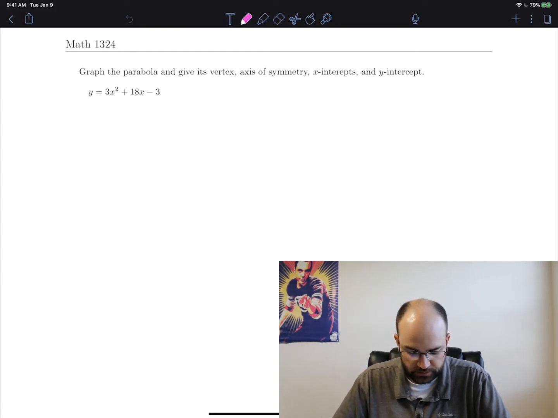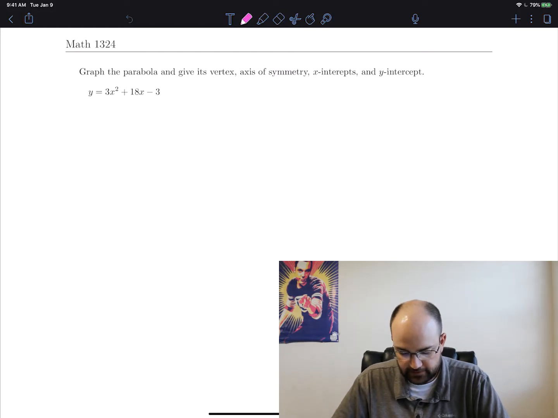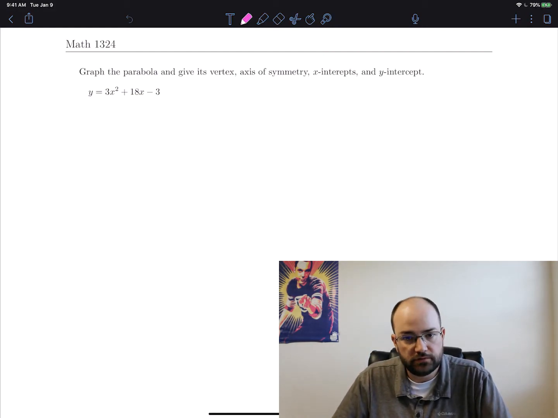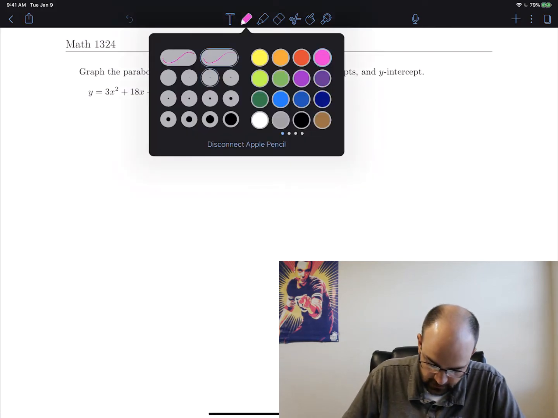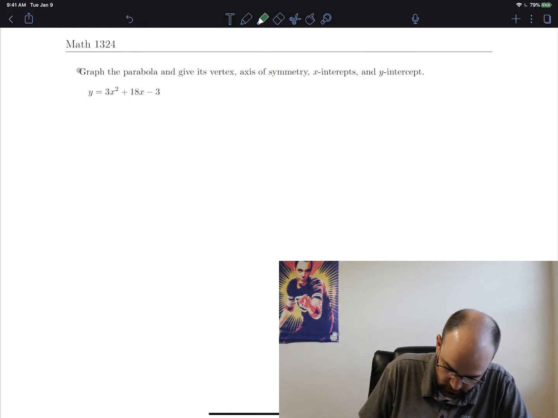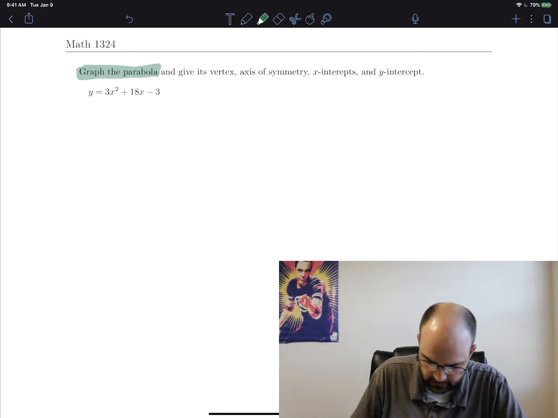And in this example, we want to graph the parabola and give its vertex, axis of symmetry, x-intercepts, and the y-intercept. Okay, so to do this, we again have 5 different parts to this. First, we want to graph. I'll let you go ahead and begin by graphing it on the calculator, just typing it in.